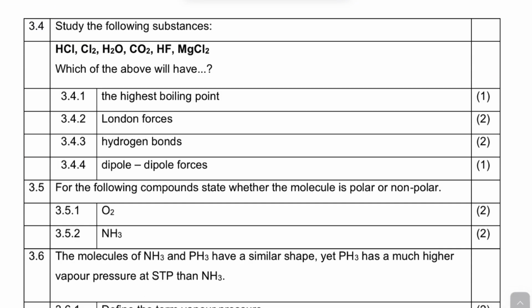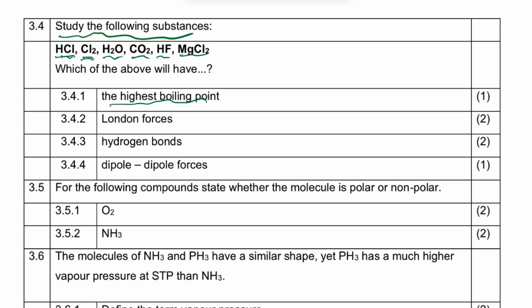3.4, it says study the following substances. We have chlorine, hydrogen chloride, and chlorine gas, water, carbon dioxide, hydrogen fluoride, and magnesium chloride. Which one of the following has the highest intermolecular force? Always, guys, the one with the highest intermolecular force here is an ionic compound. It has to be an ionic compound.